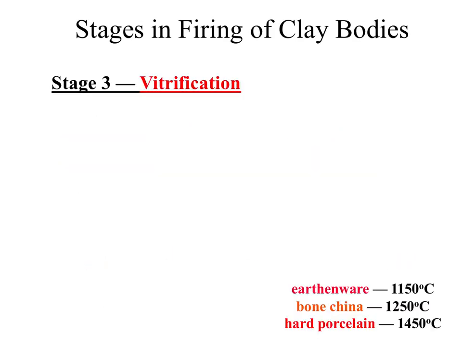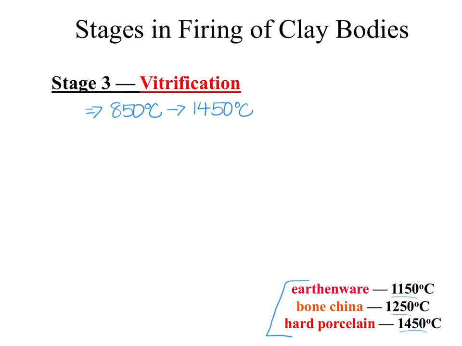The next is vitrification. And this is kind of the last stage of heating. So it depends on what type of ceramic you're trying to make. And that can range anywhere from about 850 degrees to 1450 degrees Celsius. And remember, when we talked before, I said, hey, look, all of these different types of ceramics go to different heating temperatures here.